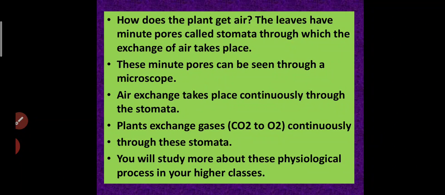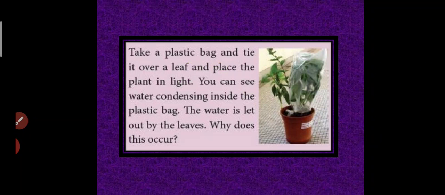So it will be opening and closing. Therefore the air exchange will be taking place very often, and the plant exchanges the gases carbon dioxide and oxygen continuously through the stomata. Is it clear? That is how the plant is giving out oxygen and taking in carbon dioxide. This is the exchange of gas, how the procedure is taking place. With the help of this experiment you can understand.